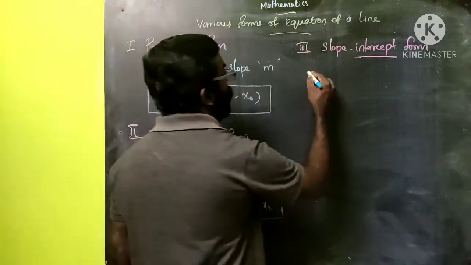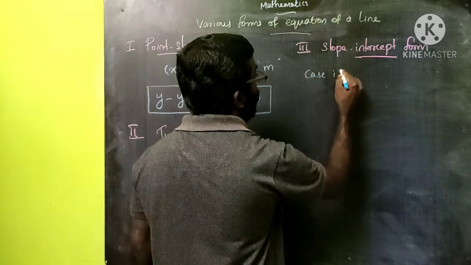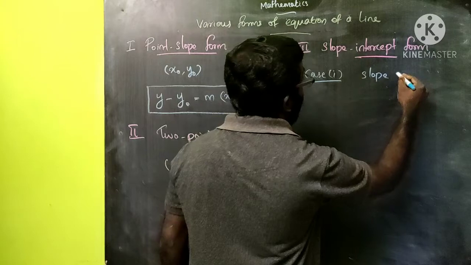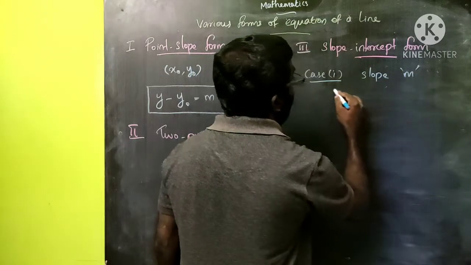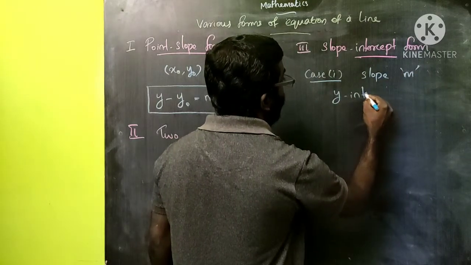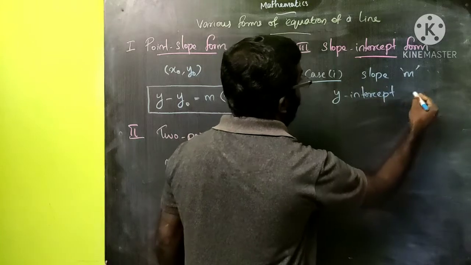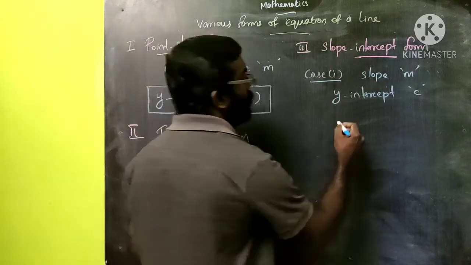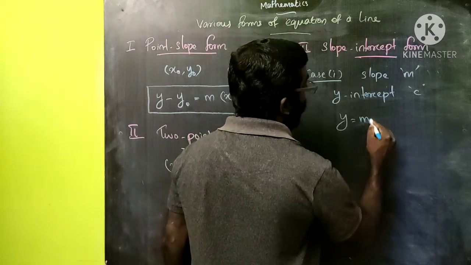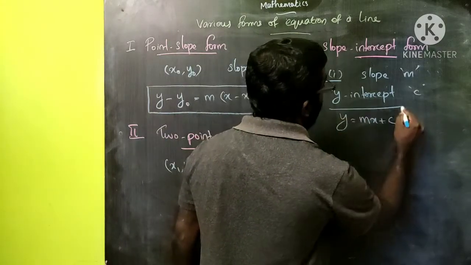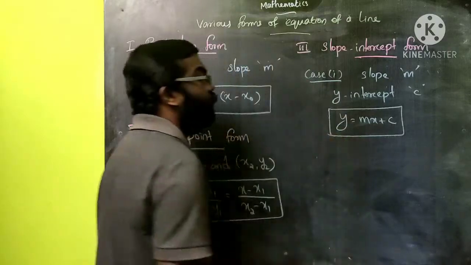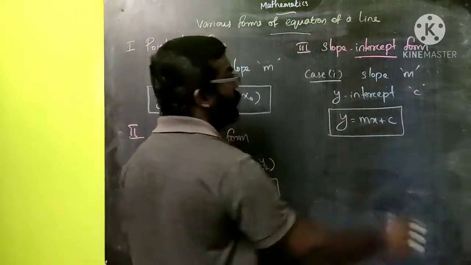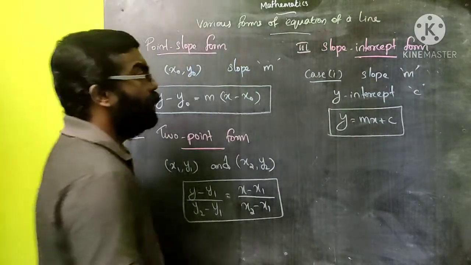Okay. So case 1 is slope m is given and y-intercept small letter c is given. Then equation of the line is y is equal to mx plus c. So a simple equation, y is equal to mx plus c, where m is the slope and c is the y-intercept.